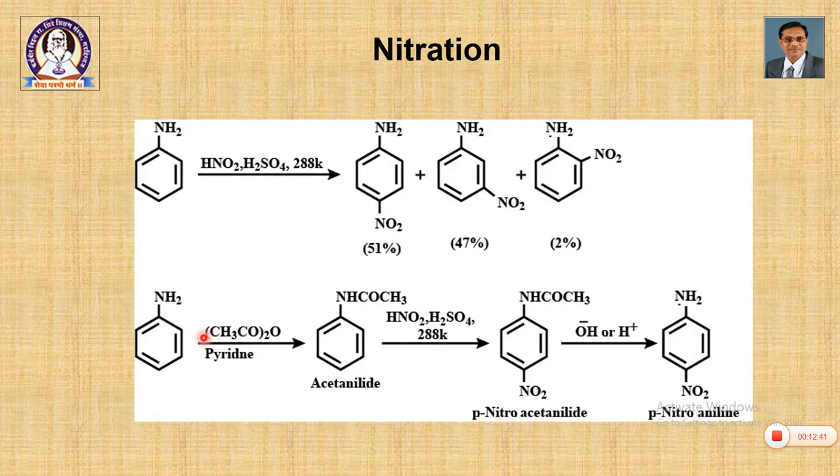There is another alternative method. So, if you are interested only in getting the para product, then you protect this NH2 group by acetylation. Acetic anhydride in pyridine gives you acetanilide, and this protected NH2 group in the form of anilide now gives you para nitroacetanilide, and this on hydrolysis further gives para nitroaniline as the final product.